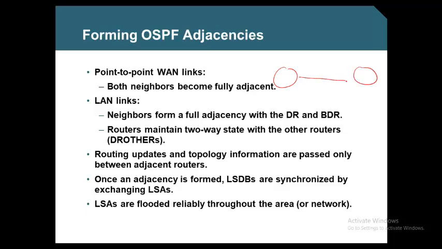When we connect a serial wire, which is also called a WAN link, this is what we call a point-to-point link.